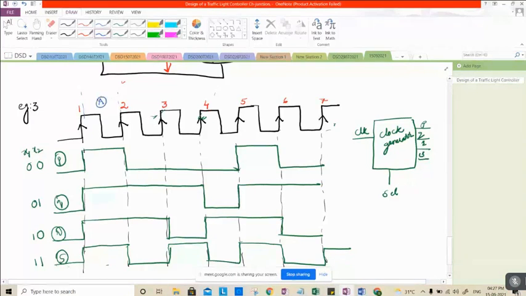See here, if this is state A, state B, state C, state D. So tell me, how many states are required for this particular problem?